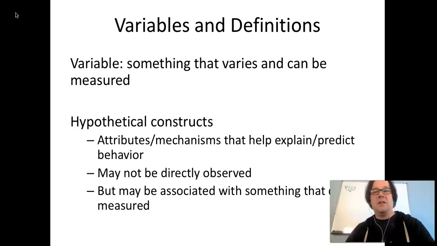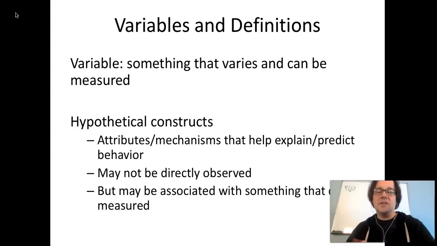So if it's, say, an independent variable, something that we are going to manipulate, it's variable because it can change. We can decide which level of that variable people will be assigned to, and how many levels of that variable there'll actually be.